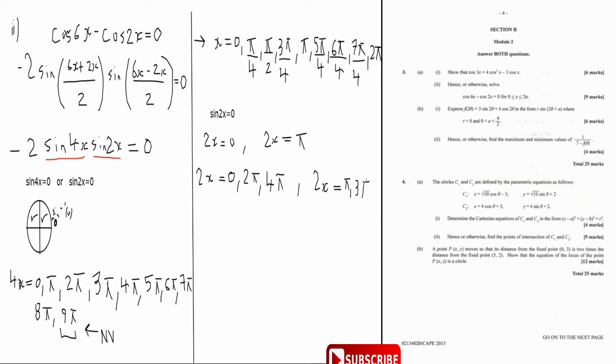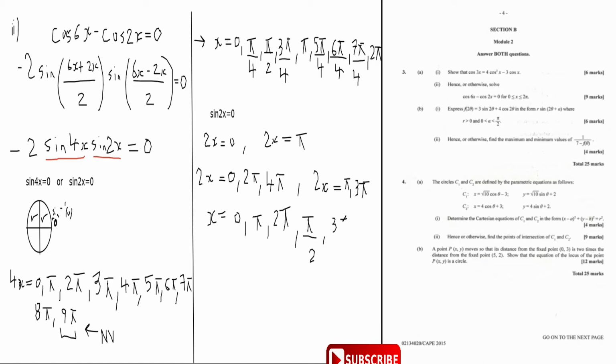So you divide through by 2 now. From this part of the solution, we're getting x is equal to 0, or 2 pi over 2 is pi, or 4 pi over 2 is 2 pi. And from this side, dividing by 2, you get pi by 2, and 3 pi by 2.